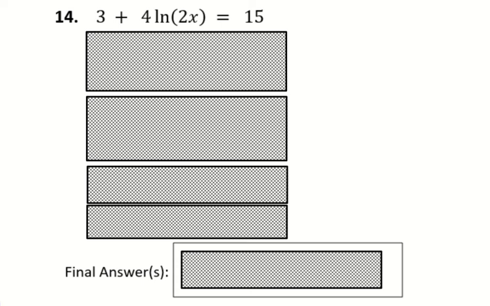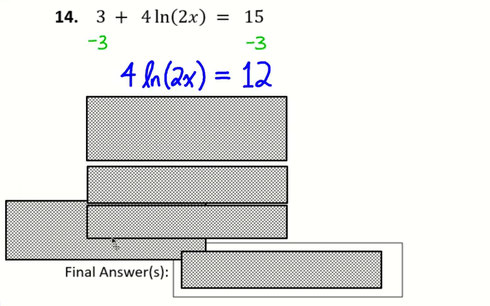Number 14. Here we finally are in a situation where we can't do that money step just yet. Can we convert this as is? No. We have to isolate the log part, this natural log of 2x.